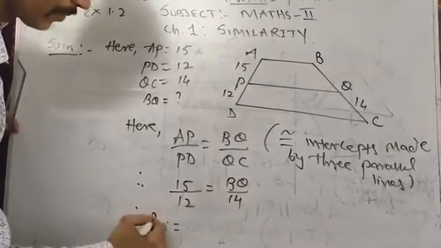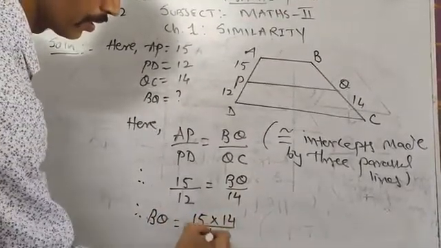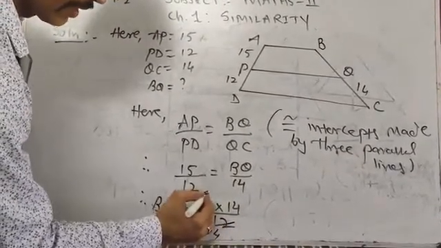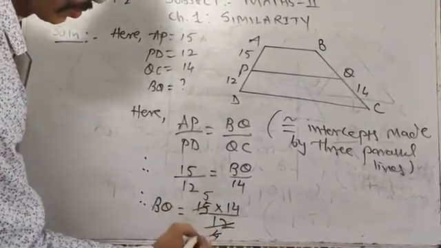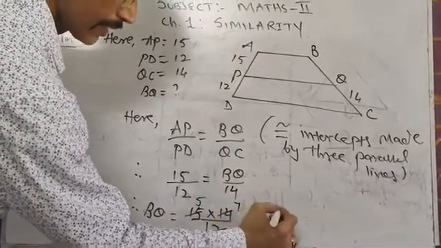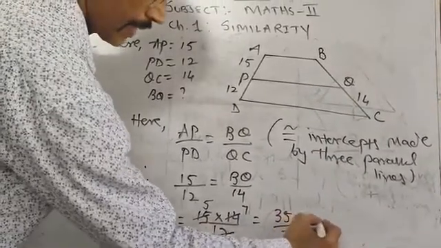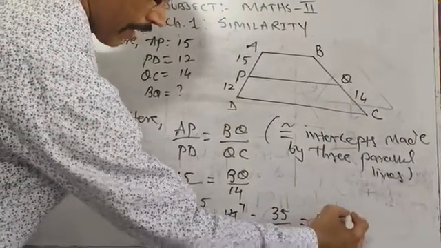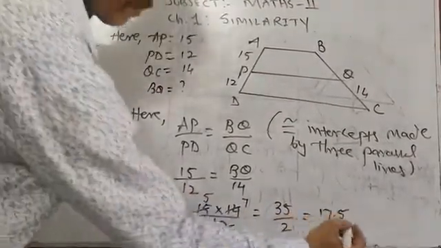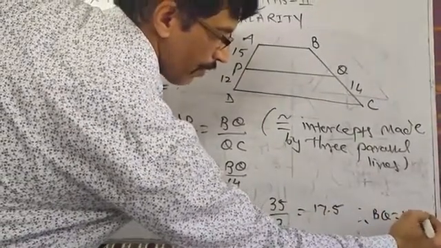Therefore DQ is equal to 15 into 14 upon 12. 3 1s are 3, 3 4s are 12, 3 5s are 15, 2 2s are 4, 2 7s are 14, 7 5s are 35, 35 upon 2. 35 upon 2 means you will get the answer 17.5. The value of DQ will be 17.5.